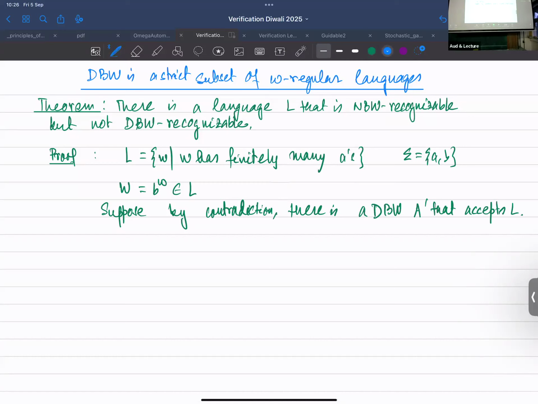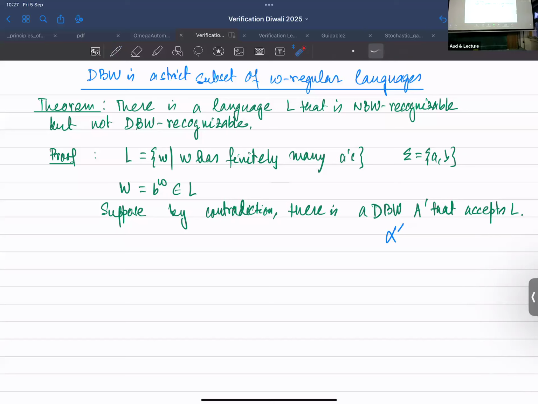And suppose this A' has a set of good states, which I call α'. Now, if B^ω belongs to L, it is accepted by A'. If B^ω is accepted by A', then what happens?